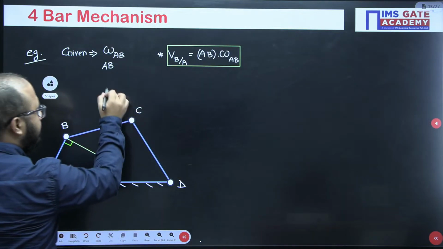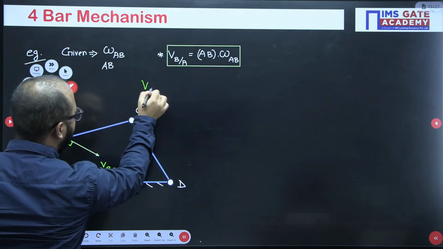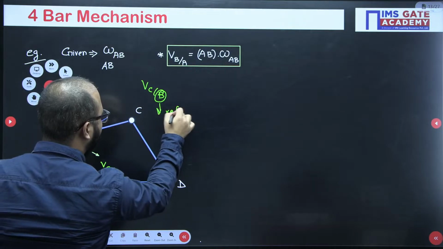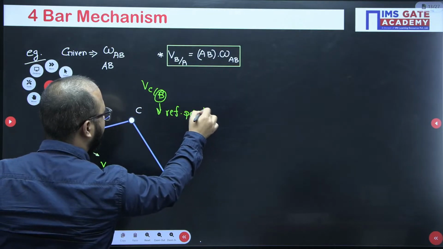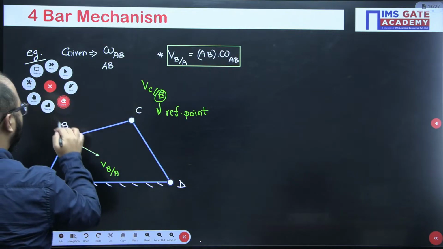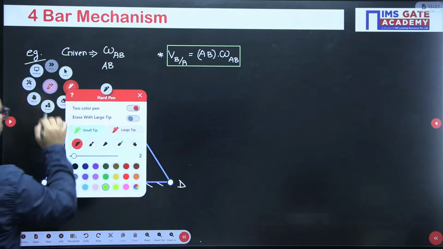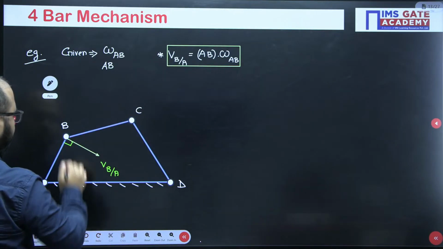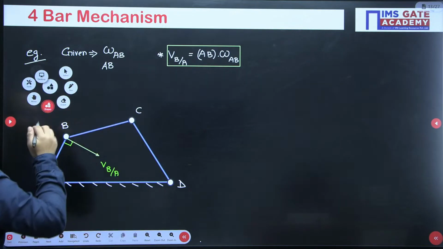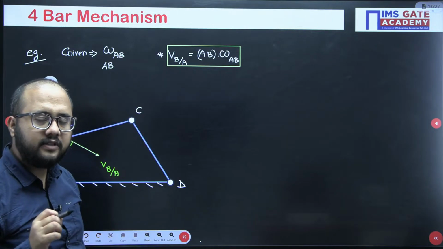So when I say velocity of C with respect to B, it means B is my reference point. So the next step is to draw the velocity vector of C with respect to B.